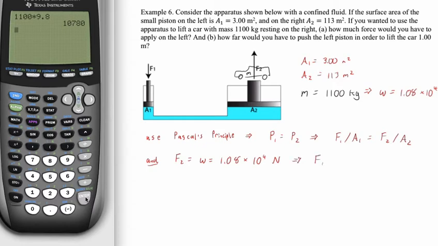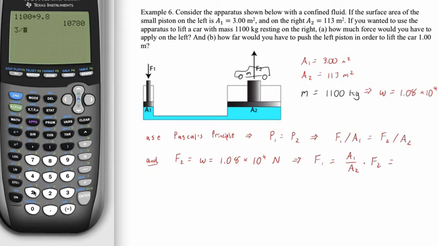So F1 is going to equal, cross multiplying by A1 on both sides, A1 over A2 multiplied by F2. Let's put the values in the calculator. We have A1, which is 3.